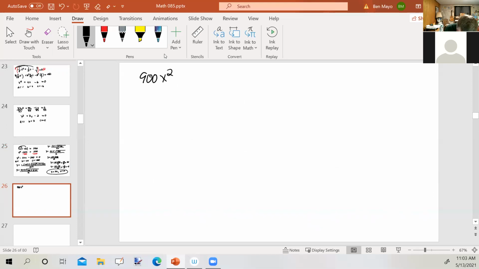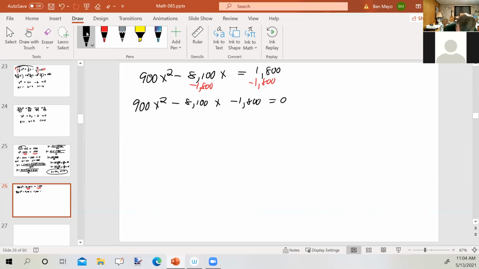900x squared minus 8100x equals 1800. Okay, so first thing I'm going to do is get it in standard form. I'm going to subtract 1800 from both sides of the equation. 900x squared minus 8100x minus 1800 equals 0.